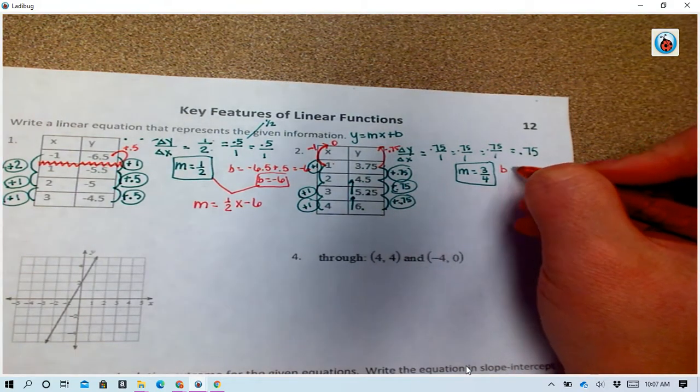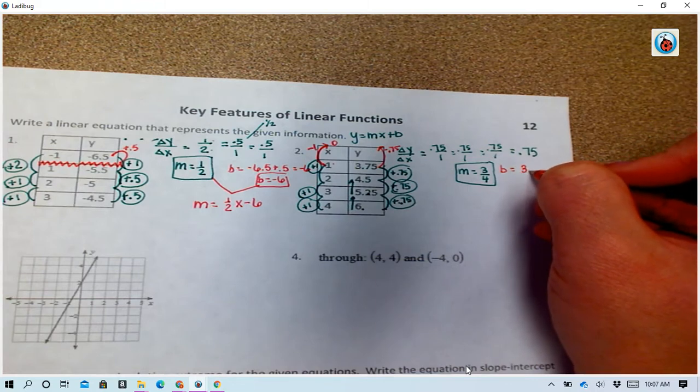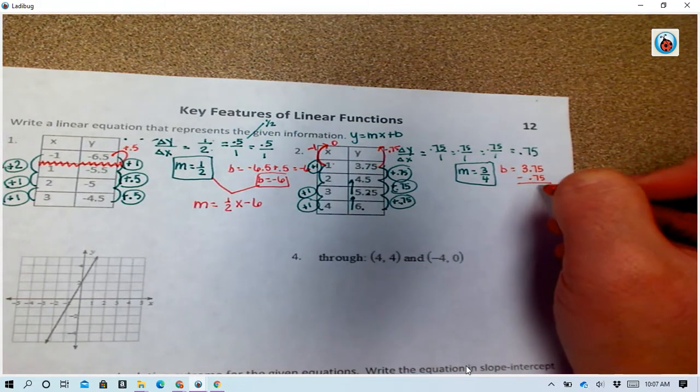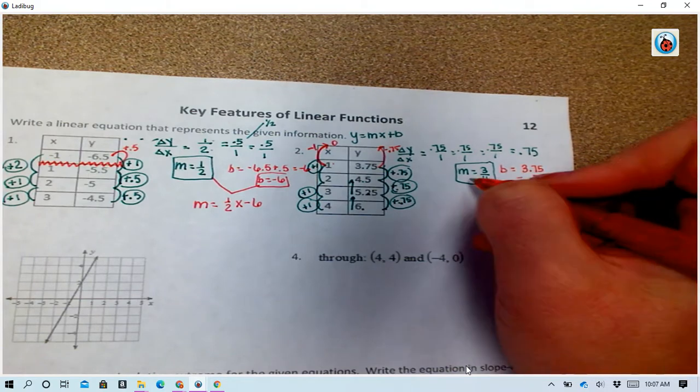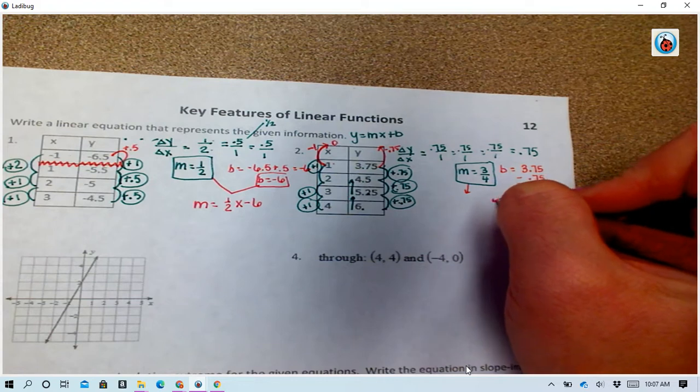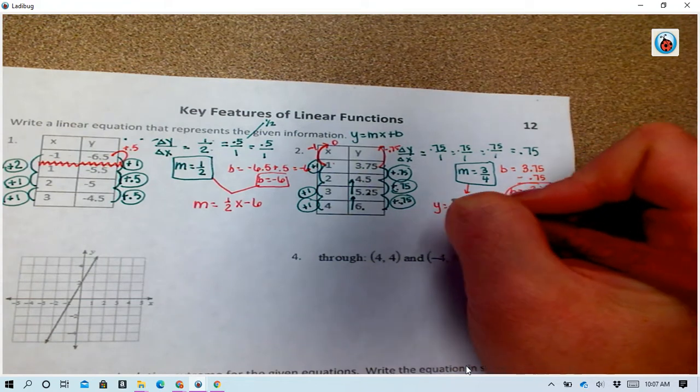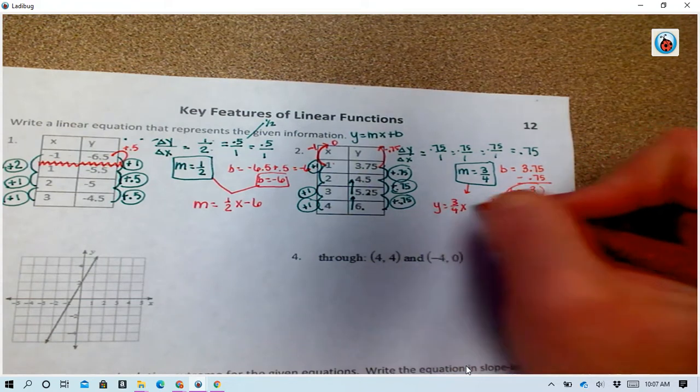So our b value is whatever 3.75 minus 0.75 is, which is just 3. So we have our slope, we have our y-intercept, so y equals 3/4 x plus 3.